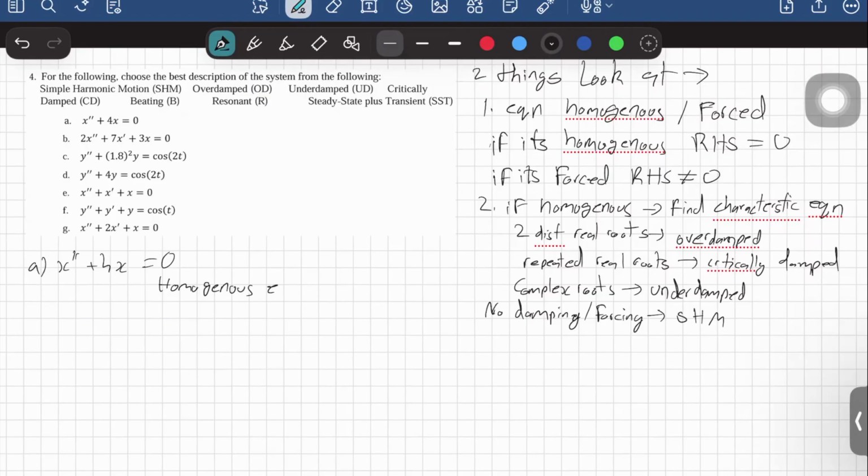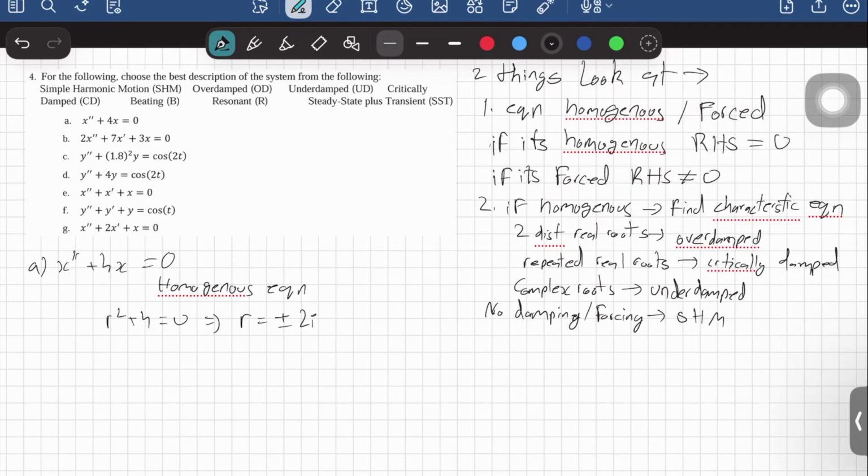Now we find the characteristic equation: x double prime is r squared, so r squared plus 4 is equal to 0. That gives us r equals plus minus 2i, which is a complex number.